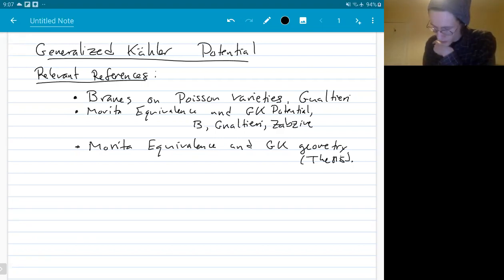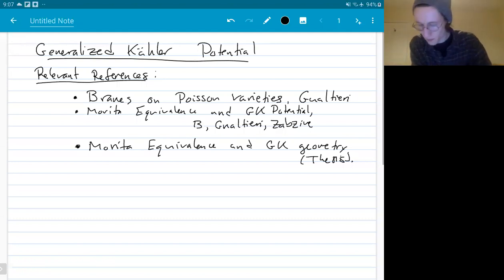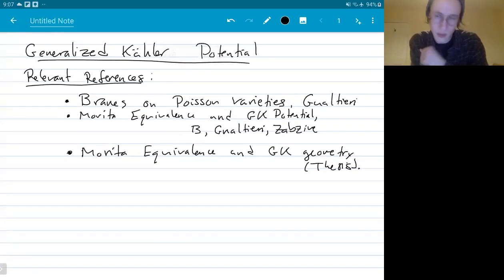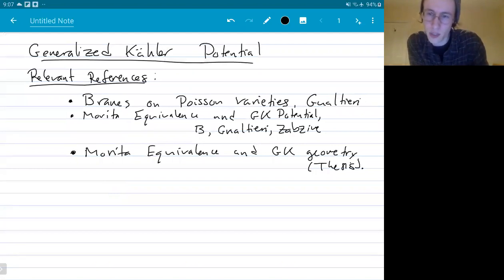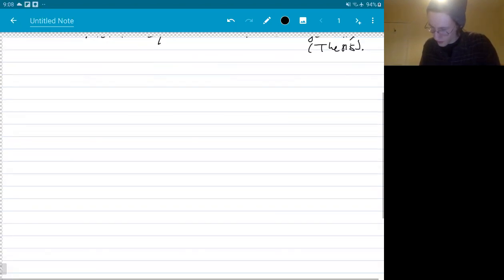Apart from the thesis being maybe more detailed than the paper, in the paper we use the technology of Courant algebroids and Dirac structures to derive some of the results, whereas in my thesis, I do it just using tensor manipulations and so on. So depending on what your preference is, you could look to one or the other reference. Okay.